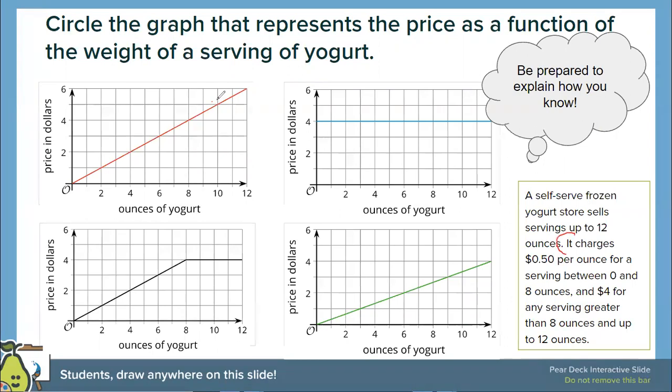And there's our first part right there. Then our second part, which is right here, $4 for any serving greater than 8 ounces and up to 12 ounces. So we have two different parts here.